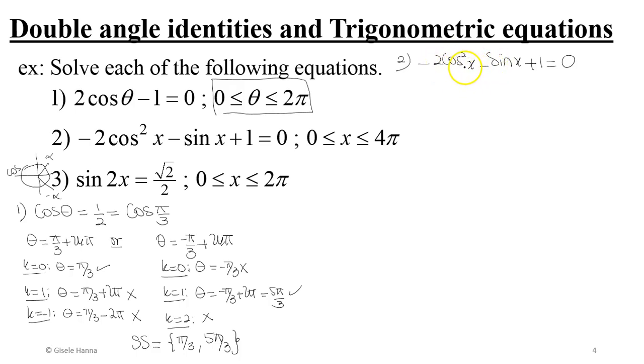However, since we know that cosine squared plus sine squared is 1, cosine squared can be written in terms of sine squared. So this is what I aim for here. Using the Pythagorean identity, I replace cosine squared by 1 minus sine squared. Then I expand and rearrange the equation. So that would be 2 sine squared x minus sine x, and 1 minus 2, that is negative 1.